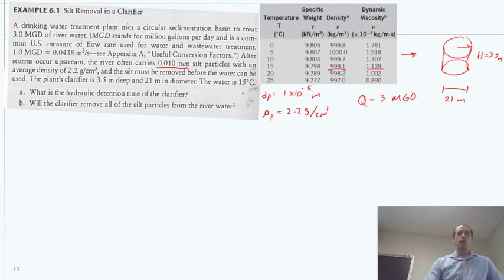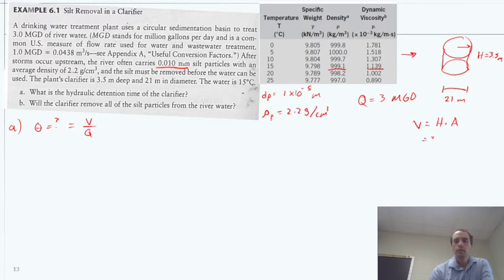Different pieces. All right. So, part A asks, what is the hydraulic retention time? That's our theta. We know that's V over Q, so that's how long water will spend in this basin. And we are given a Q, so really we just need the volume. So here we need a little bit of geometry to say the volume is going to be equal to the height times the area.